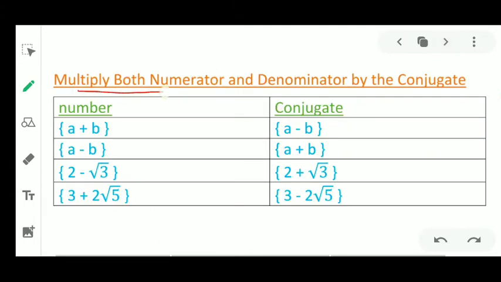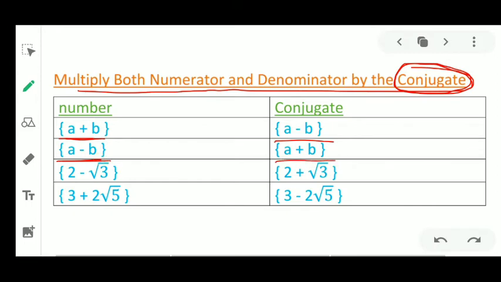Next we have multiplying both numerator and denominator by the conjugate. So first we will understand what a conjugate is. Here we have a number a plus b and the conjugate of that number is a minus b. If you have the number a minus b, then the conjugate of the number is a plus b.